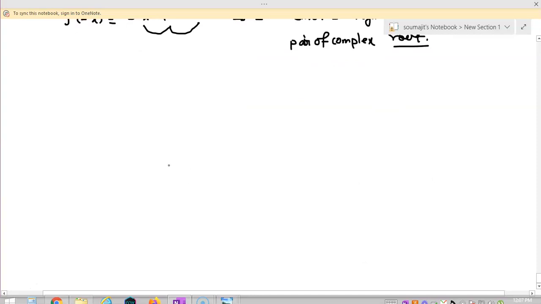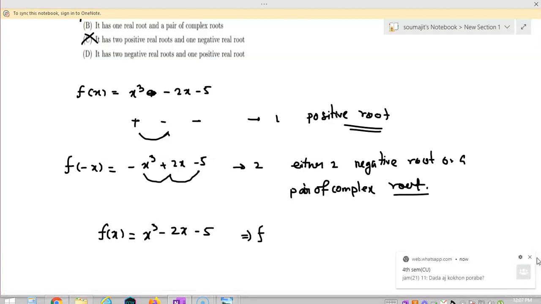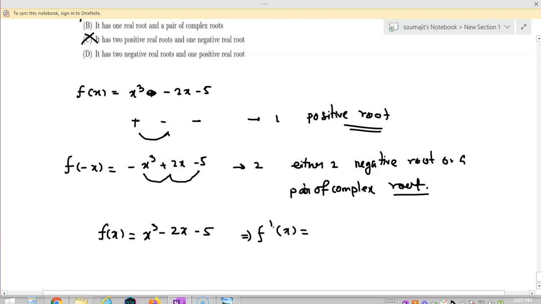Now let us try to draw the graph of this function. So f(x) is equal to x cube minus 2x minus 5. If I differentiate f with respect to x, I will get f dash x is equal to 3x square minus 2.